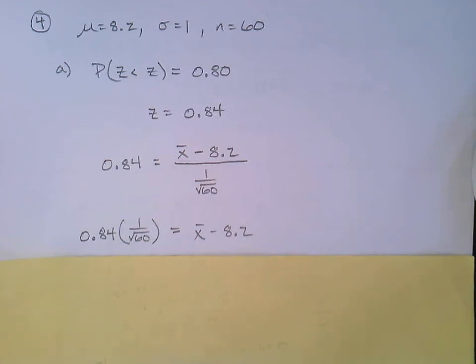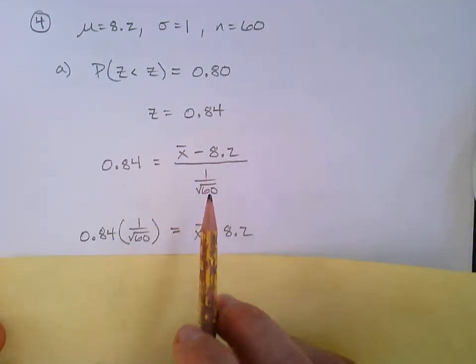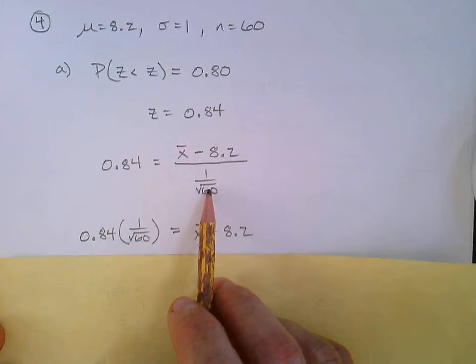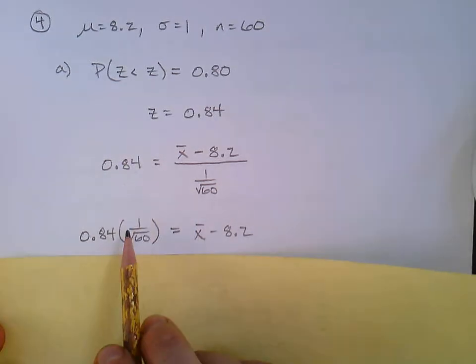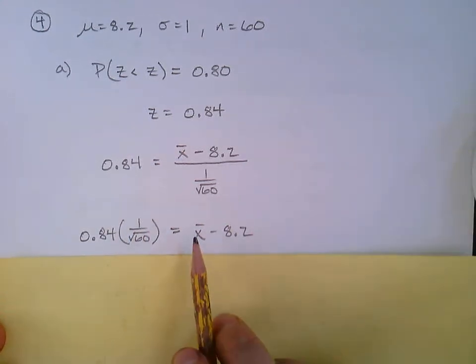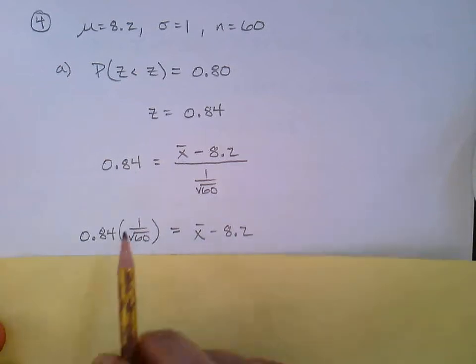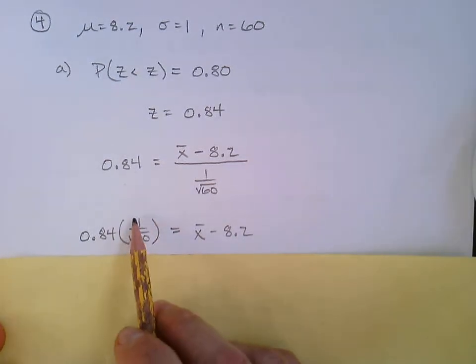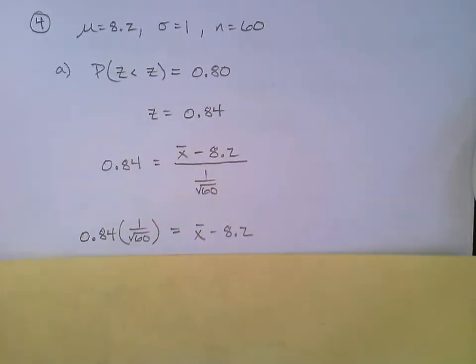I would actually recommend you don't round this in the middle of the problem. Just take it exactly as it looks, multiply it over to the left side. So that would look like 0.84 times 1 over the square root of 60, and that equals x bar minus 8.2. Again, I really don't recommend you round anything right now. Just leave it like that.